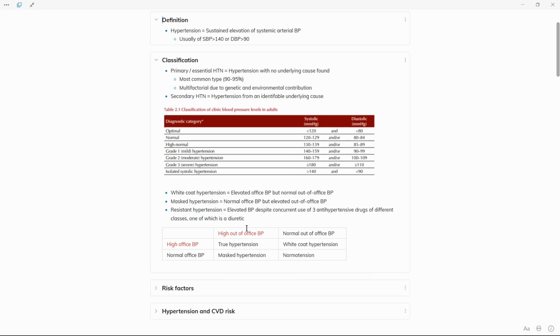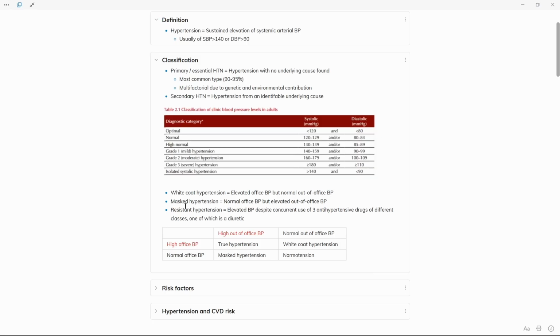There are also different ways to classify hypertension based on the blood pressure readings of the patient, whether they are in the clinic or outside of the clinic. So you have white coat hypertension, where you have blood pressure that is high in the office, but it is normal outside of the office.